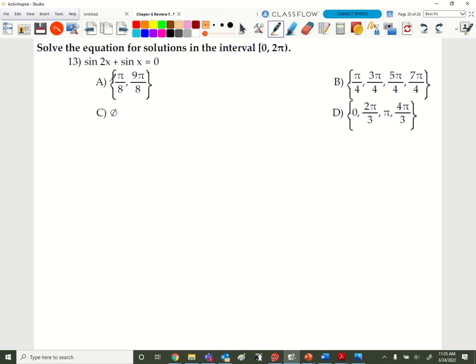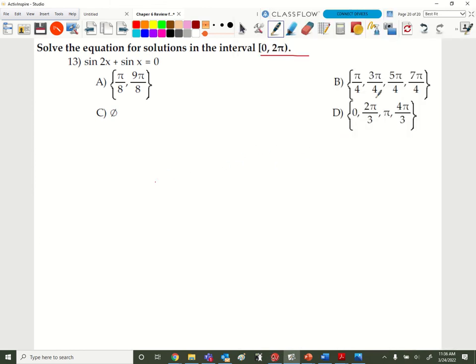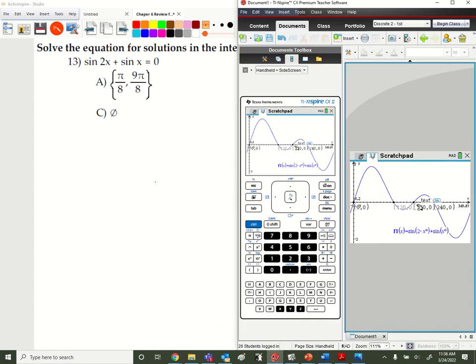13. This one is, hey look, sine 2x degrees plus sine x equals 0. But this one says my interval is in radians. So, let me see. Sine 2x degrees plus sine x degrees equals 0. Oh, hey, look, here are my answers. But my answers have to be in radians. So, 0 is 0 in radians. 120 is 2 pi over 3. 180 is pi.